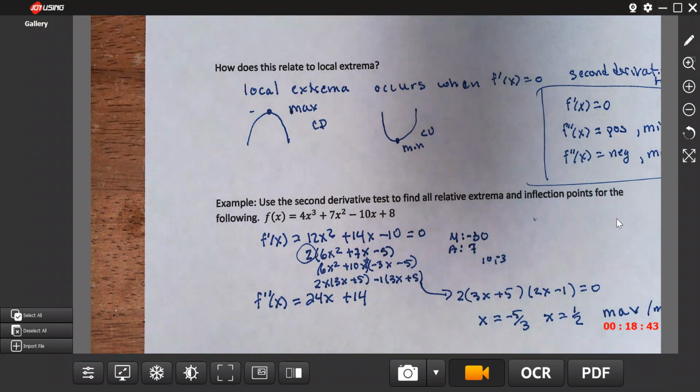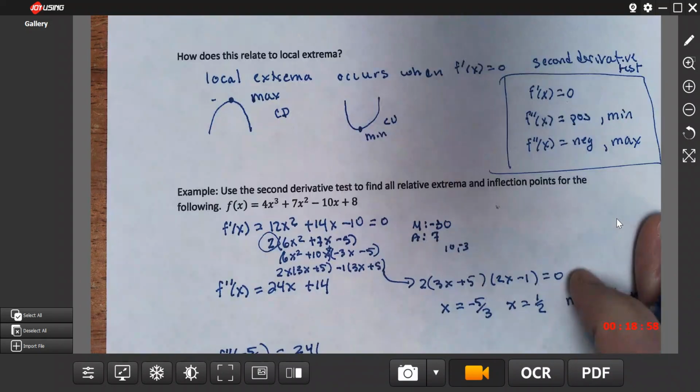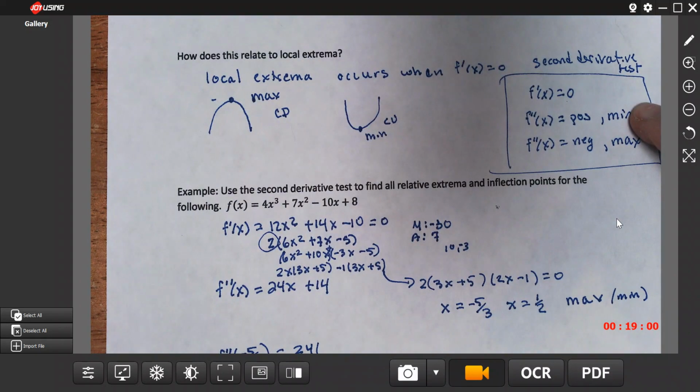So we want to find out if these are a max or a min. So the second derivative test says if I plug it in, so I'm going to take the second derivative at negative 5/3, plug it in, and if I get a positive, then I know that I have a local minimum, and if I get a negative, I know it's a local maximum. So I'm plugging it in.